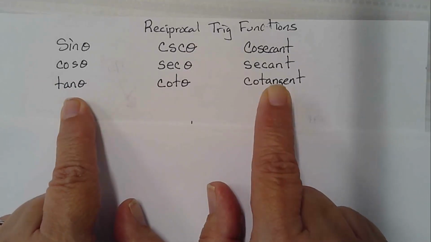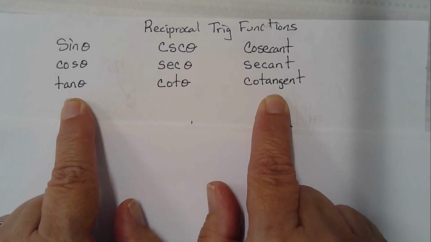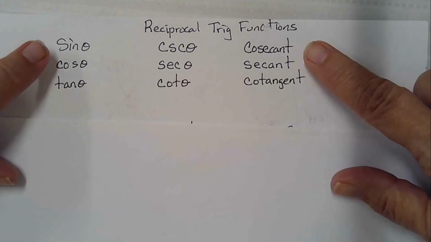Tangent and cotangent are reciprocals. But the other 4 are a little bit tricky.